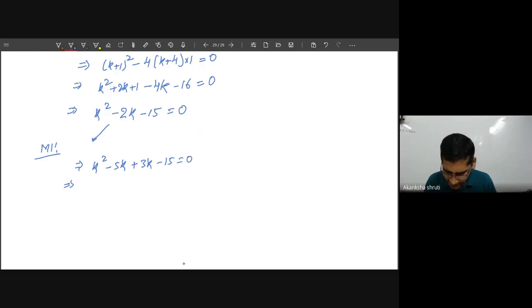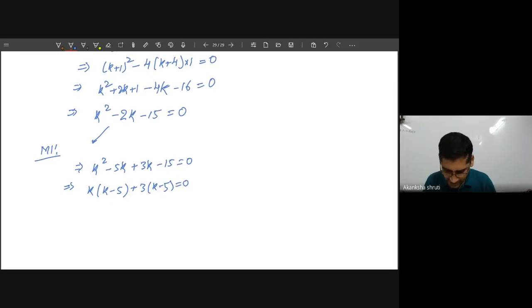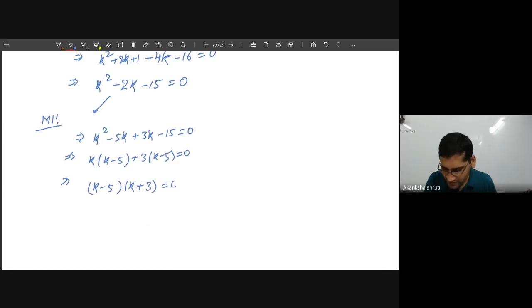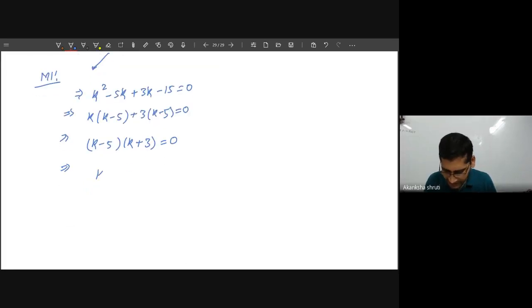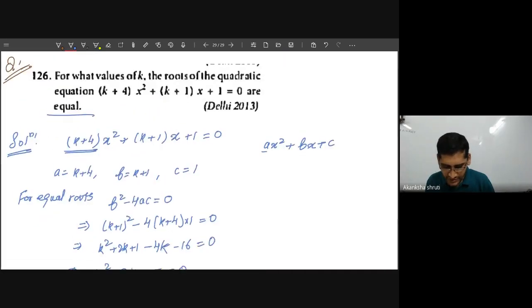This way I can take k common: k(k − 5) + 3(k − 5) = 0. This implies (k − 5)(k + 3) = 0, so either k = 5 or k = −3. Both are possible, or only one is possible, that again you have to substitute here.